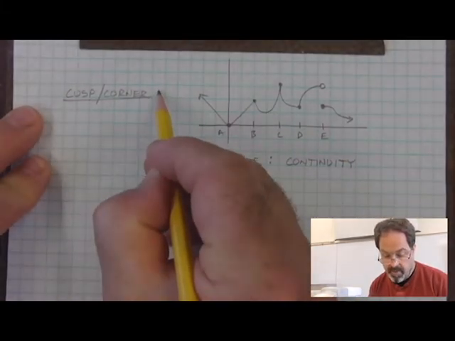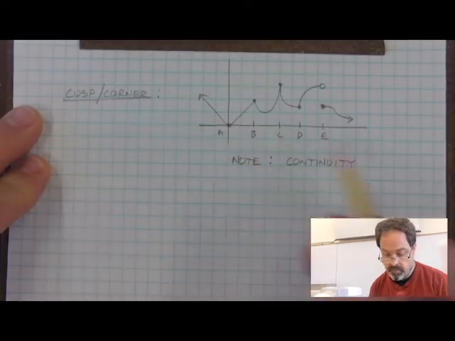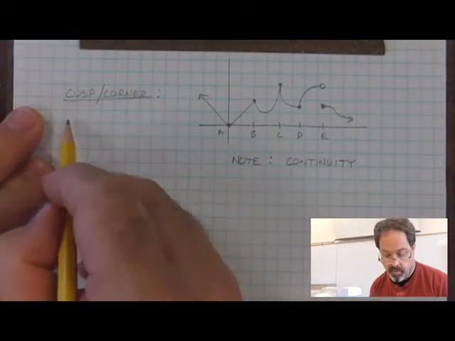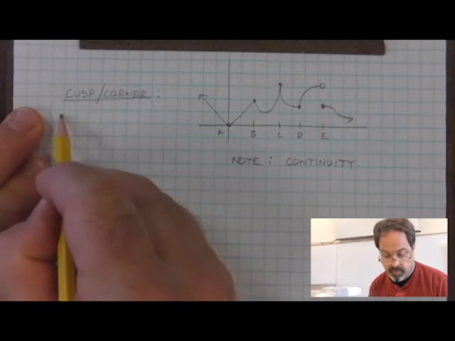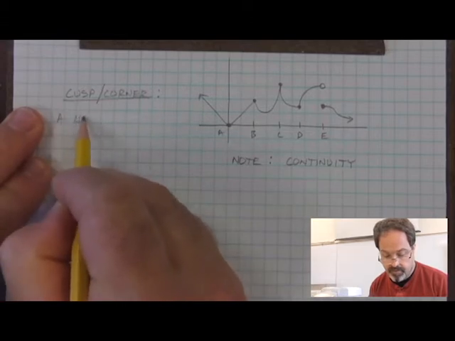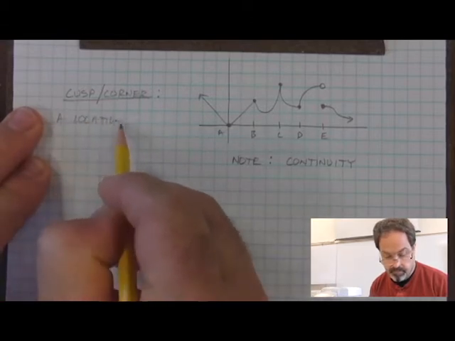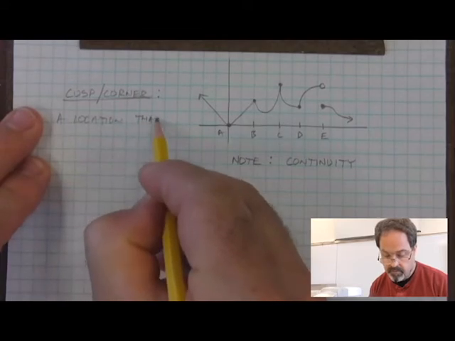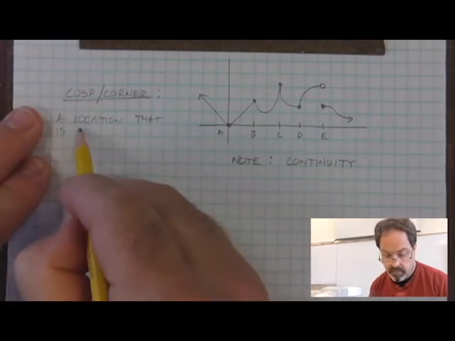So what makes a corner different than any other part of the function? The corner is a location that is not linearizable.